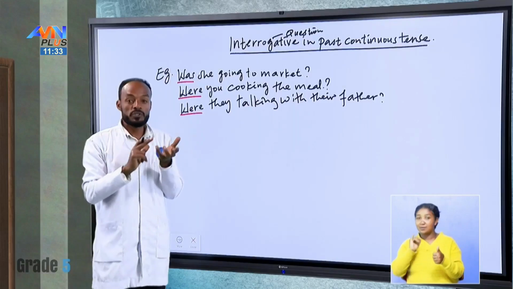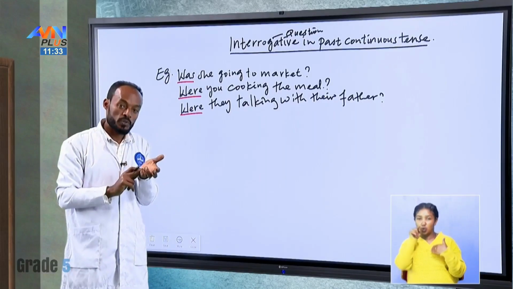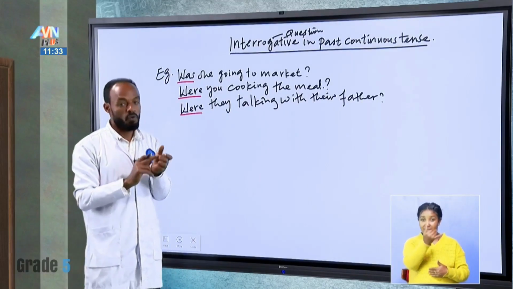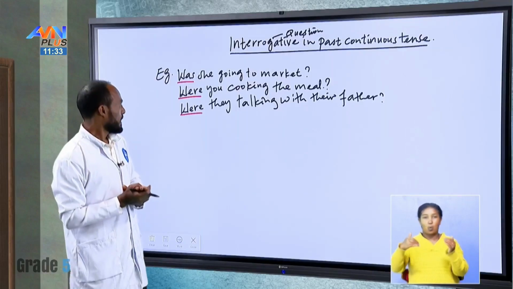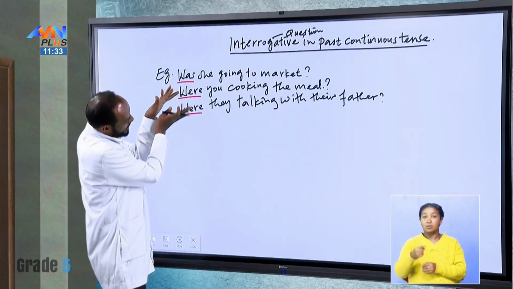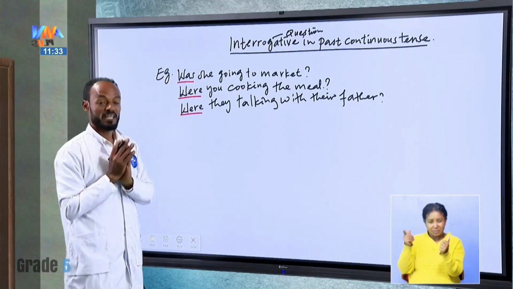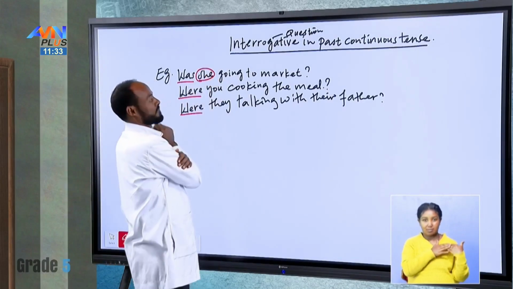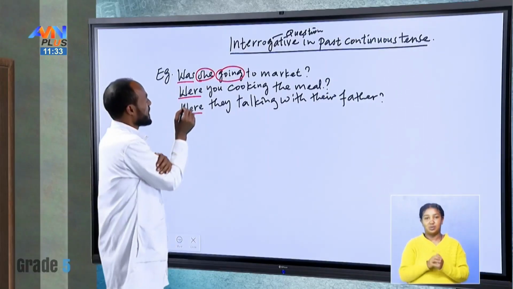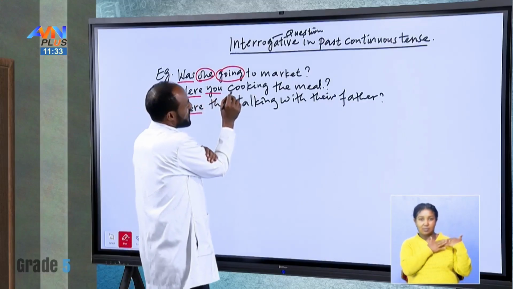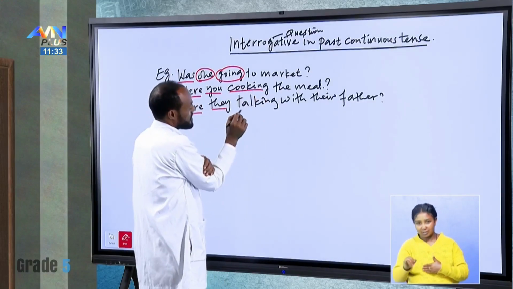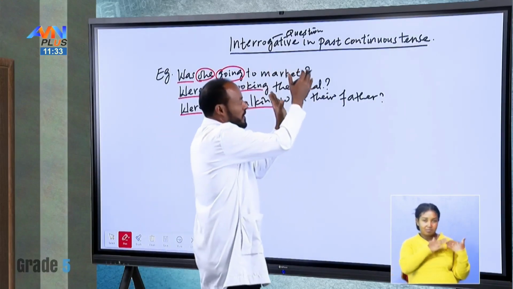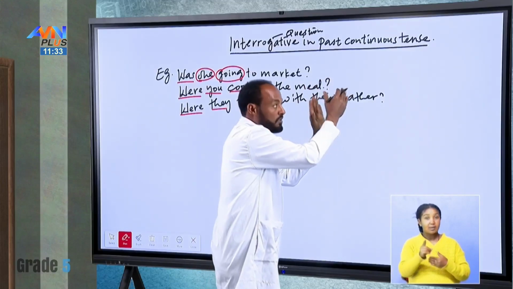If maybe the subject is you, we, and they, or two or more subjects, so you have to use what? Were. At the beginning of the sentence. So then, here is the subject. Verb ing. The subject, verb ing. That this one can be said, object or complement.